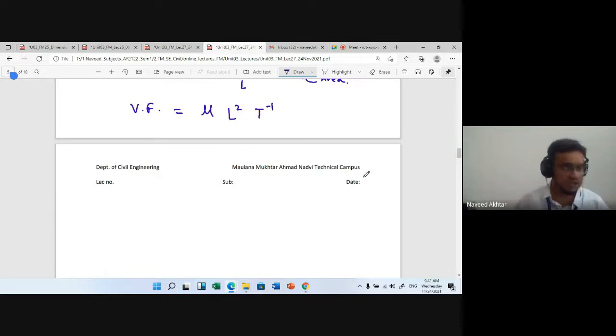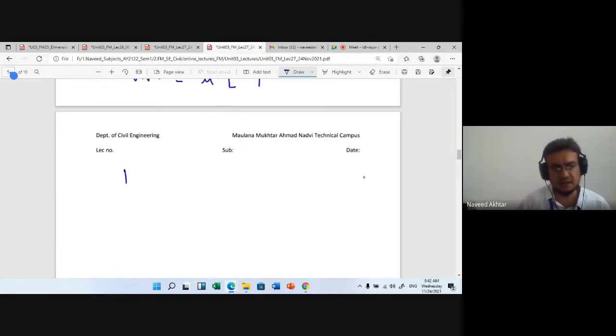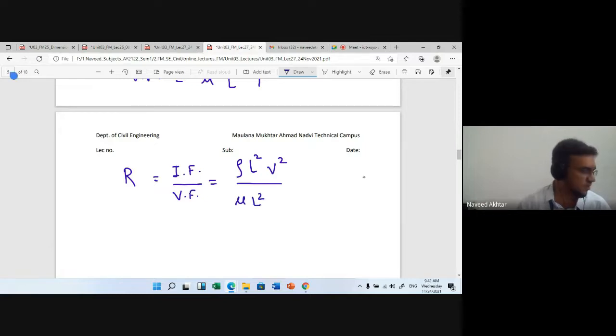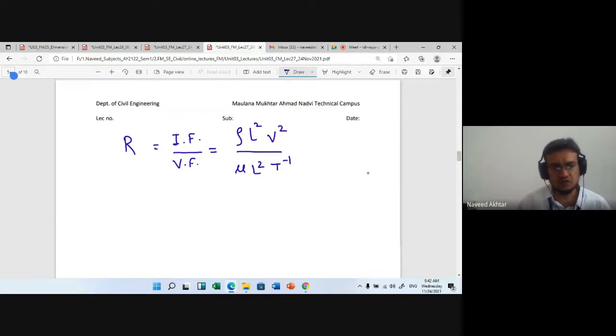Now, what is the Reynolds number? Reynolds number is nothing but inertia force upon viscous force. Inertia force is rho L square V square, as we found above, upon viscous force, which is mu L square T raised to minus 1.